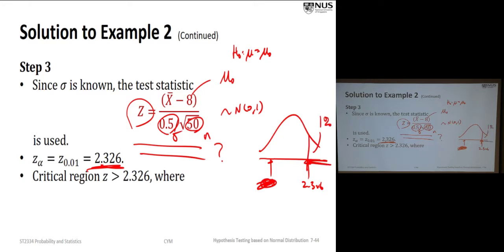The chance of being greater than 2.326 is only 1%. So if my observed value, that means I take the sample, substitute x bar, and get a value bigger than 2.326, I decide to reject the null hypothesis. That means, yes, the manufacturer is really right. The average strength is bigger than mu, bigger than 8. So we compute this.